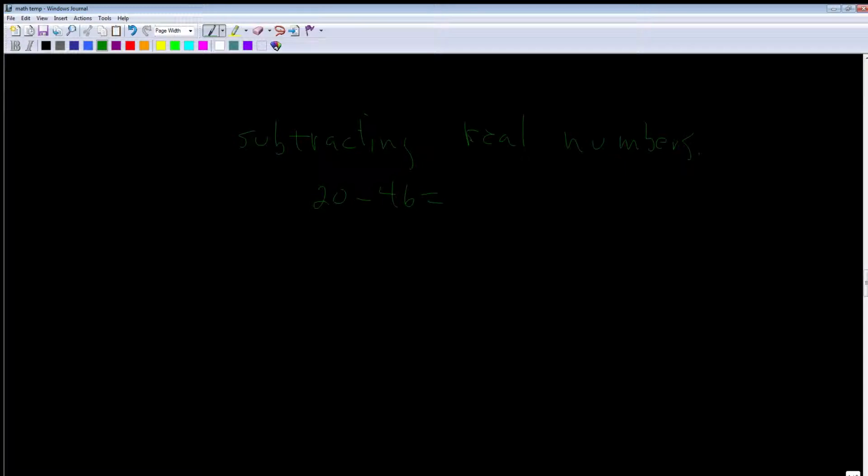Remember from our last video, the answer to addition is going to be determined by what the greater constant value is. So let's do this problem again. 20 minus 46 equals negative 26. But let's separate this: 20, negative 46.